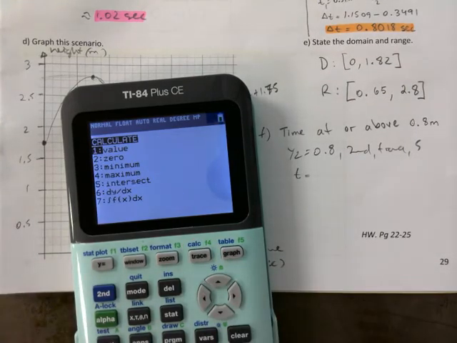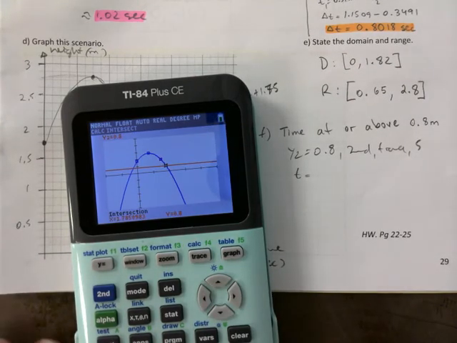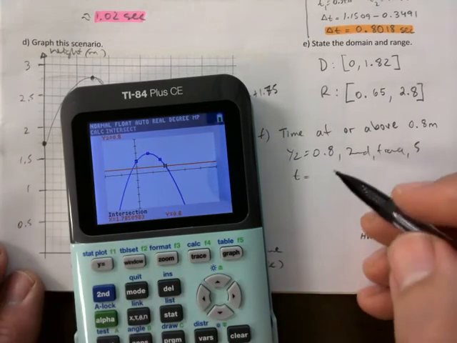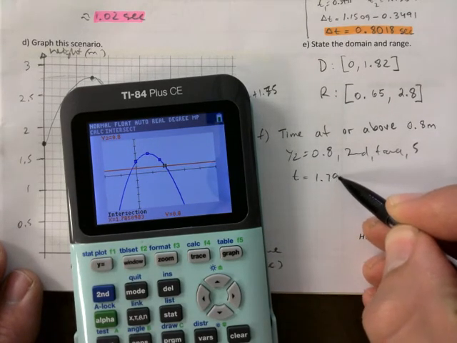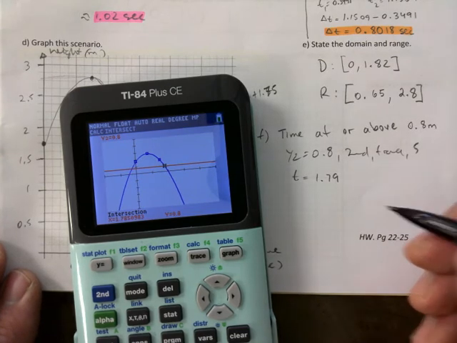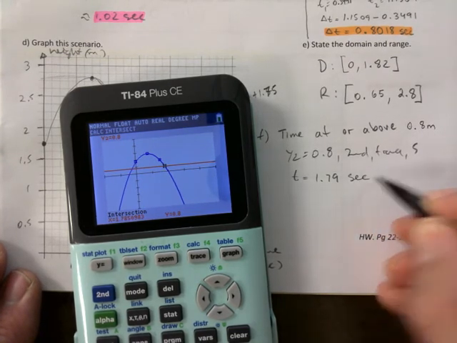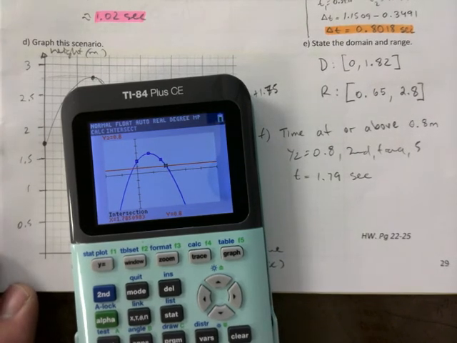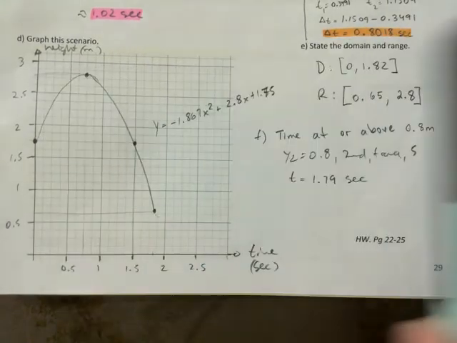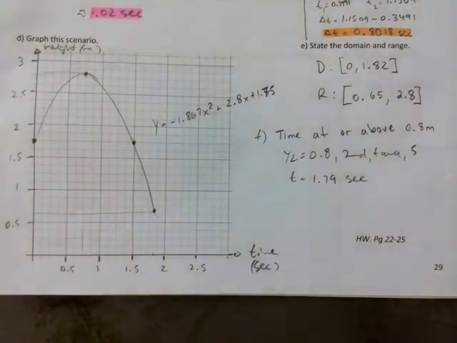So second trace 5, enter, enter, enter. Don't worry about the negative. That'll be 1.79 seconds. That's it. So if you were trying to find the other one, it's okay. I actually wanted that to happen, perhaps, for you to think, should I not?